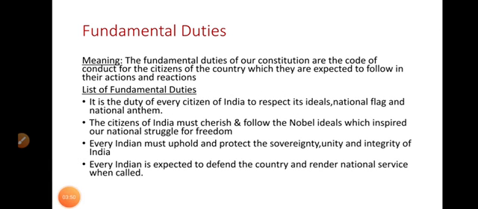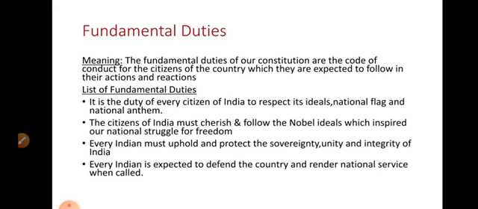Now we'll move to the next point, that is the fundamental duties. What are the duties a common citizen of India has to do towards the country? So normally fundamental rights have been given to all the citizens of India.